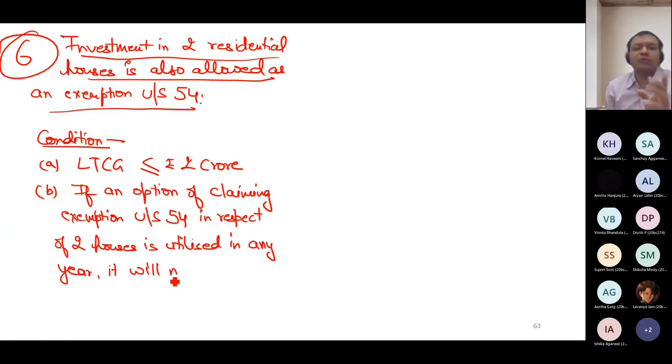That means it is a lifetime option. Only once in a lifetime, any assessee whose gain does not exceed 2 crore can avail this option. Once that person has availed this option, in future when he sells a house and purchases two houses, he cannot claim this exemption again.